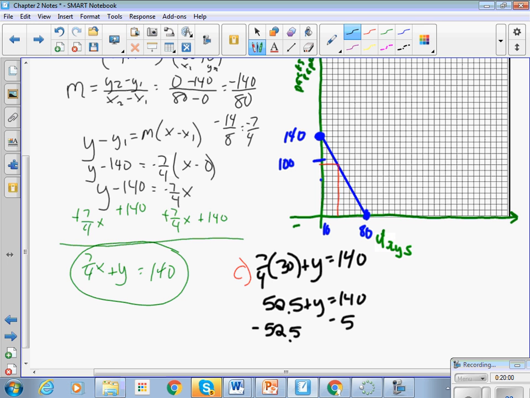And 140 minus 52.5 is 87.5, which is right around 90.